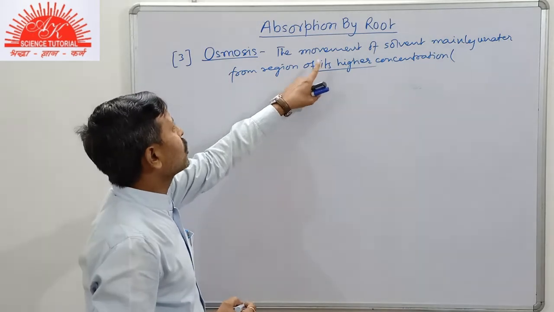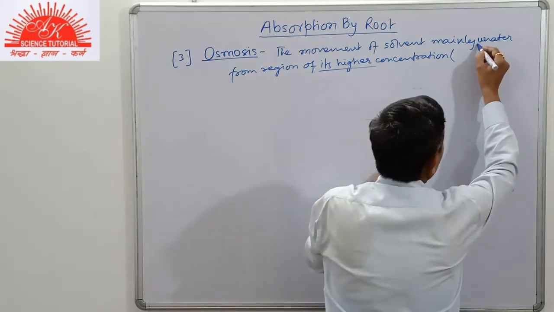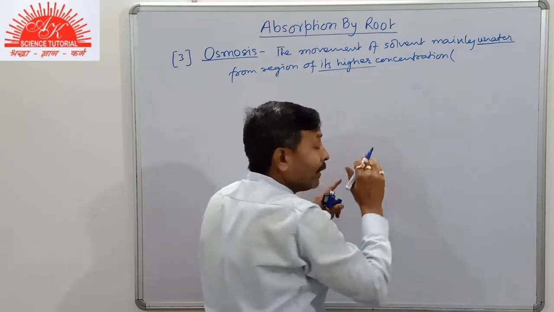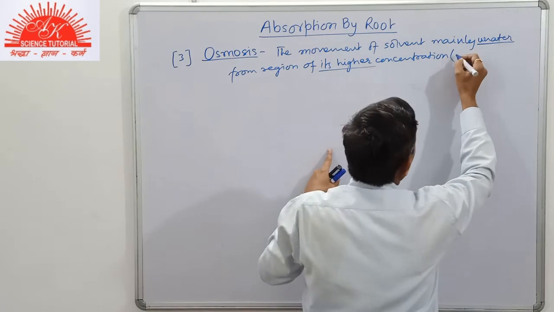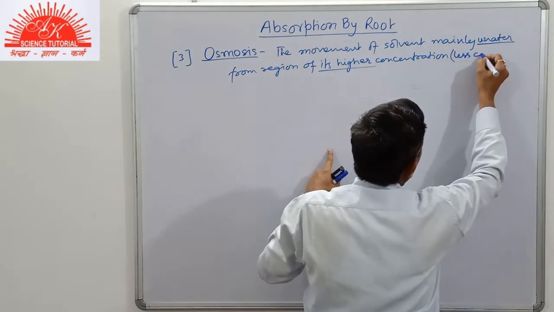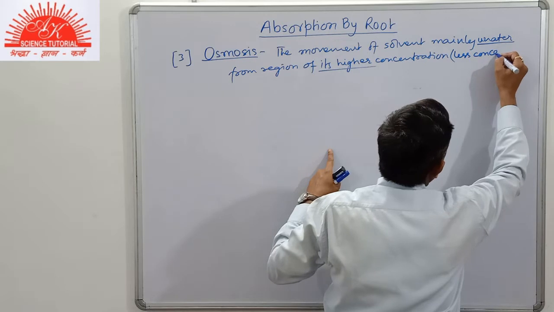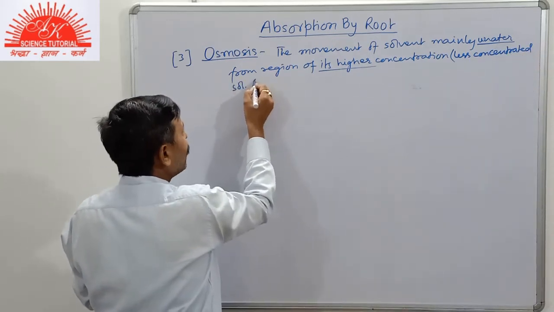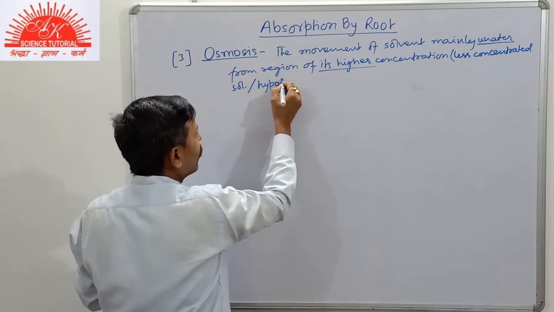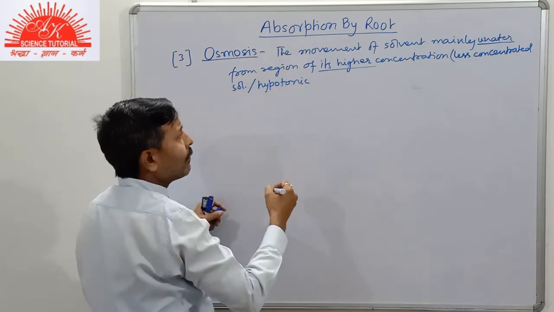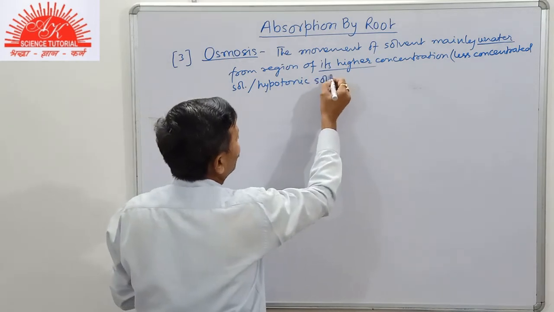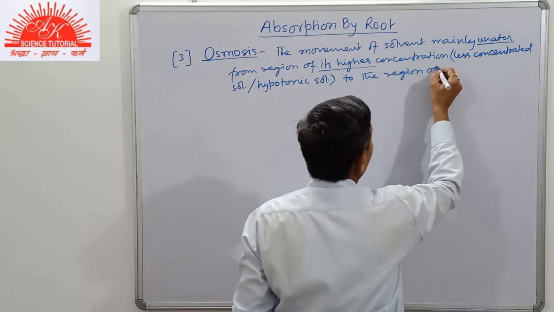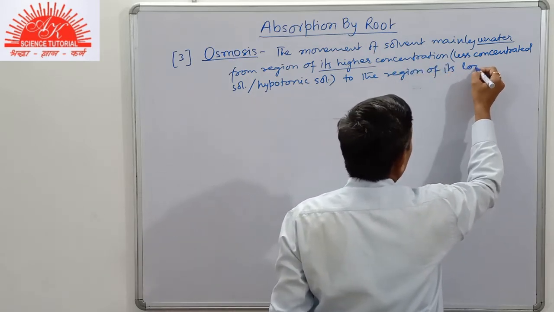Here the word 'its' is used for water. So movement of water from the region of its higher concentration, and if the water is in higher concentration, that will be a less concentrated solution, which is also known as hypotonic solution, which we will describe in detail later on, to the region of its lower concentration.